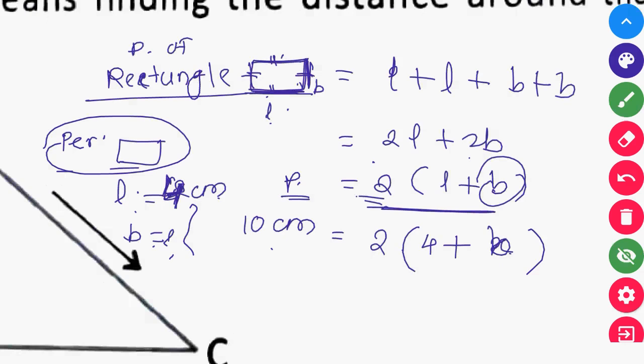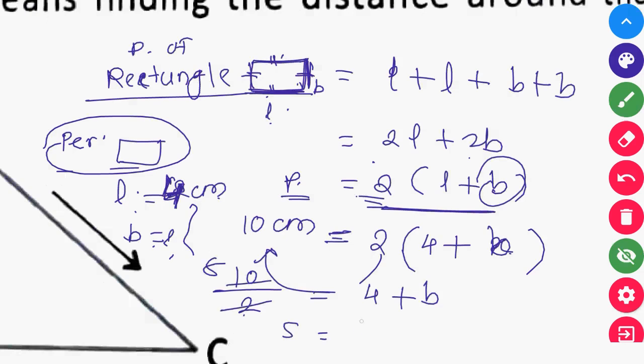Now this 2 is multiplied here, so when 2 comes to this side, it goes into division. So 10 divided by 2 is equal to 4 plus b. 2 fives are 10. 5 is equal to 4 plus b. So b is equal to 5 minus 4, which means 1. Because 4 comes to this side, b will remain alone to get the answer. So 1 centimeter is the breadth of the rectangle.